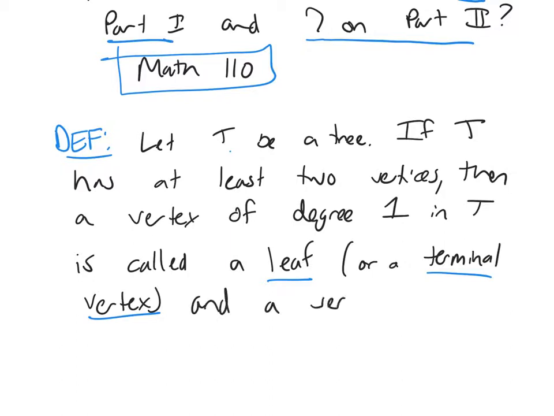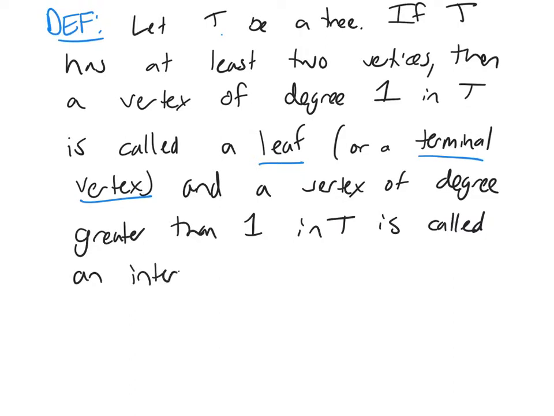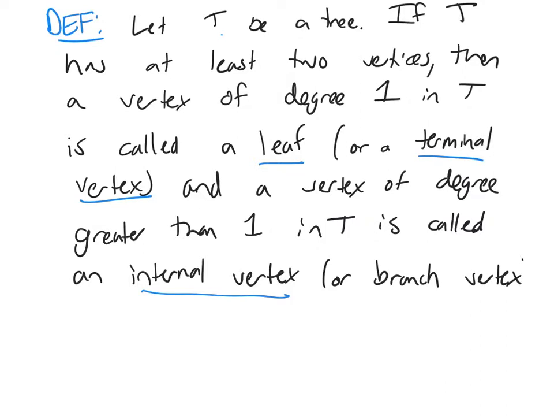And a vertex of degree greater than 1 in a tree is called an internal vertex, or sometimes people would say a branch vertex.